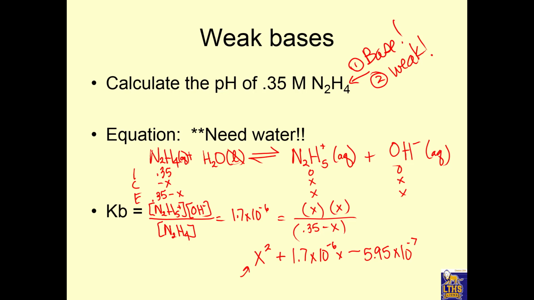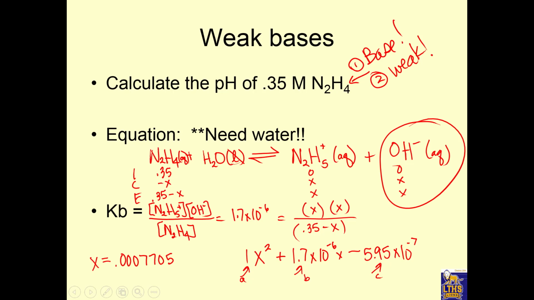So we plug in our A, our B, and our C into the quadratic formula, and we find out that x equals 0.000007705. Right? What is x though?